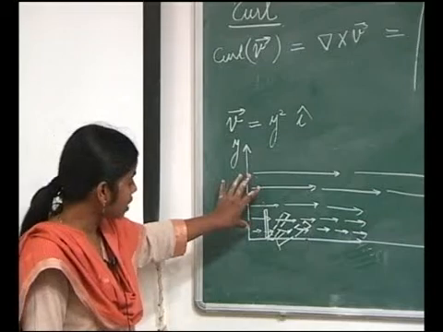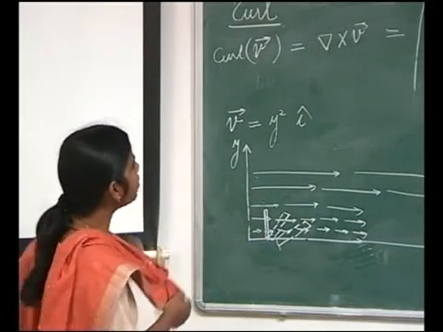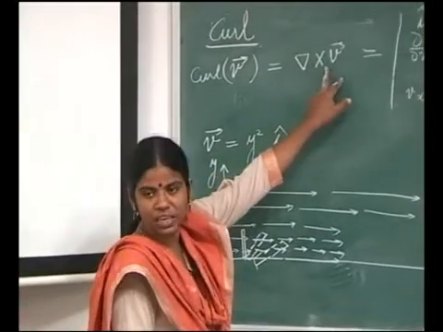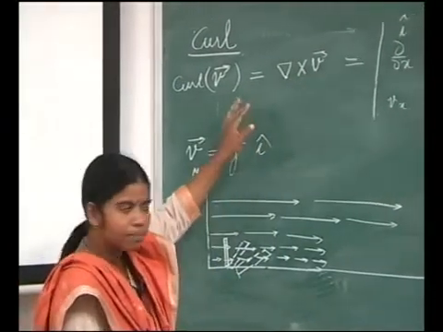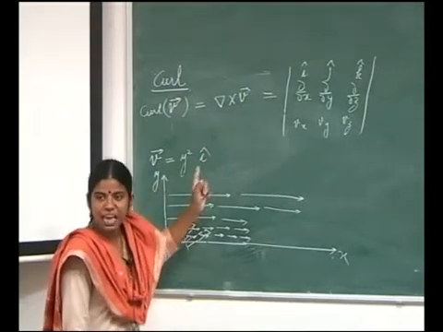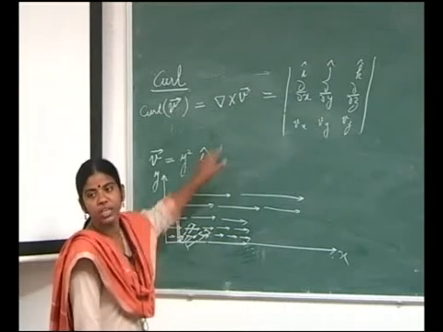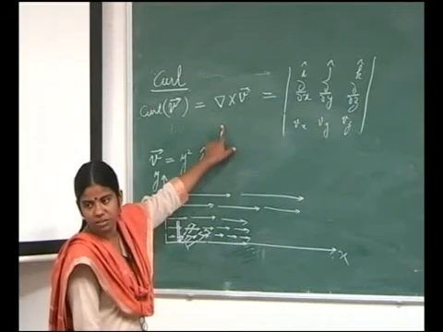This vector field will have non-zero curl, and remember, whenever I compute del cross V, the resulting vector by rule should be perpendicular to these two vectors. So whenever we calculate curl, we see change perpendicular to the given vectors.